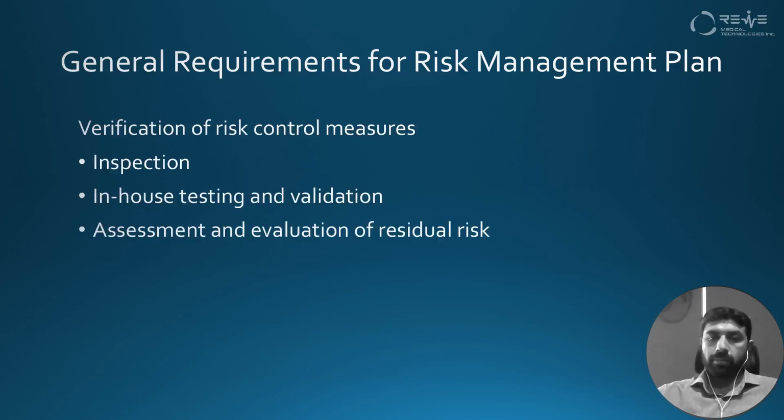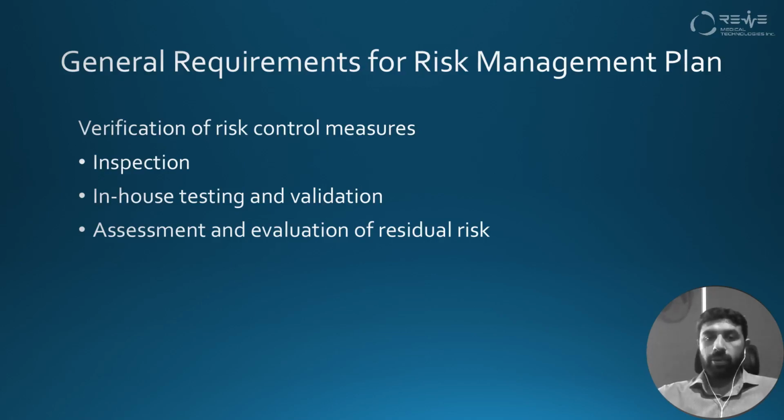So after devising the risk control measures of each risk having a risk factor more than 4, we will have to verify that the risk control measures are performing well, and mitigating those risks that we have mentioned earlier. There are three methods for the verification of the risk control measures, which include the inspection of the device, the in-house testing and validation of the device, and the assessment and evaluation of the risk control measures.